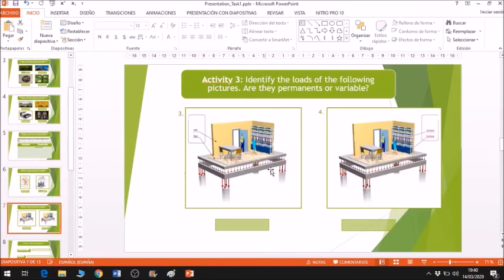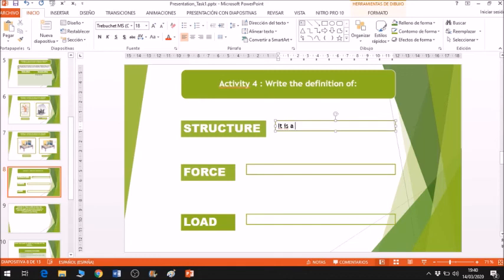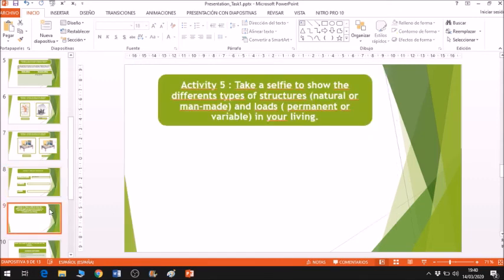Okay, you have to do the same with this image, this here, and in the activity number 4, you have to write the definition of a structure. Okay, it is a set of elements, definition of force and definition of load.